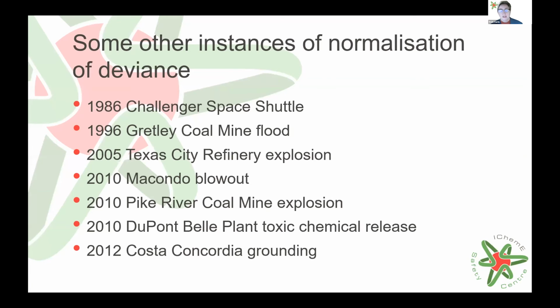So that 3rd release resulted in 1 worker dying due to that release of toxic chemicals. So assuming an alarm is false is a big problem that we need to try and avoid when we're working in our facilities.